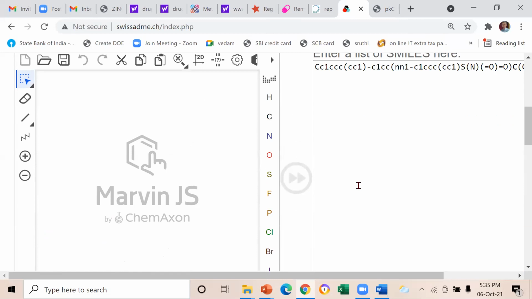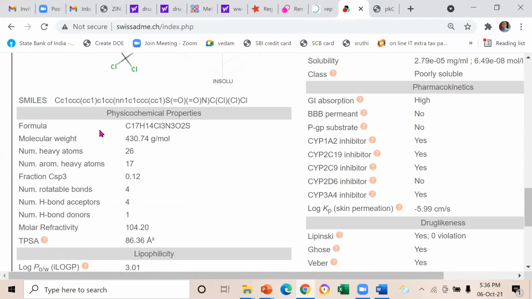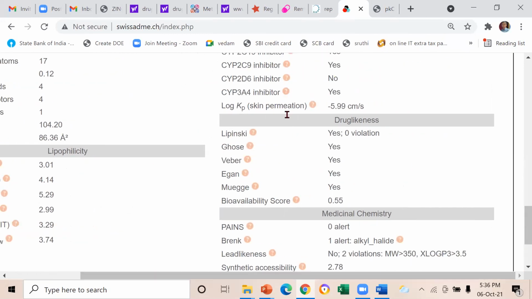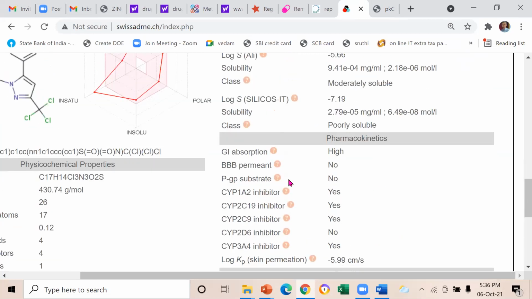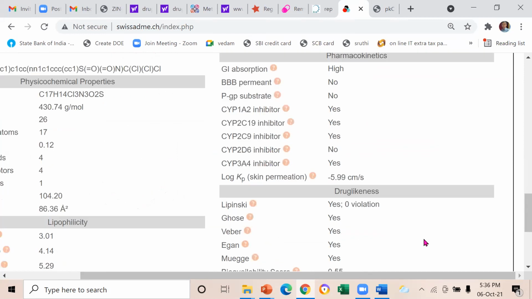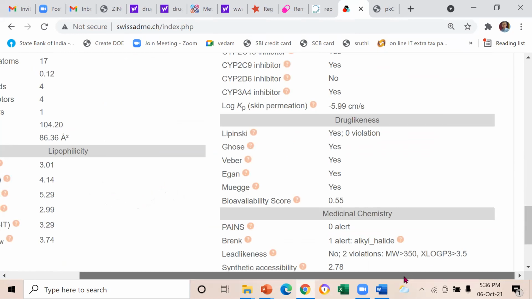So I can modify the structures and look at the properties which I've been talking about: hydrogen bond donors, acceptors, polar surface area, log P value, the various rules given here, cytochrome P450 metabolism, P-glycoprotein substrate, blood-brain barrier, GI absorption, solubility factors, bioavailability factors, lead-likeness, all of these could be looked at.